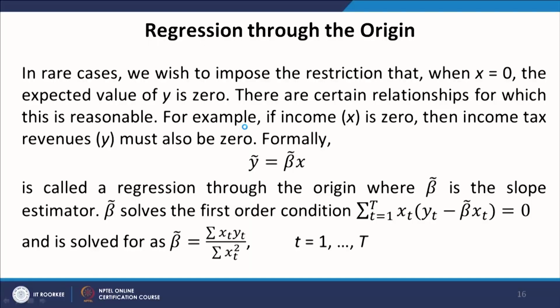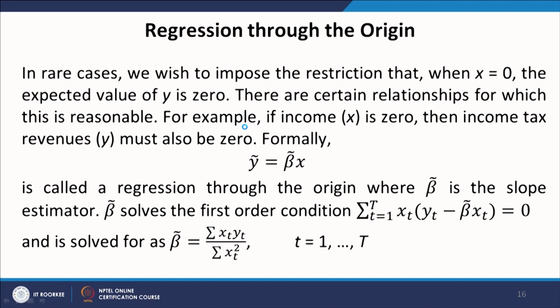We started with change in the scale of measurement, then we talked about linearity, then goodness of fit measures, and the final thing we are discussing is regression through the origin. There are certain relationships for which this is reasonable.